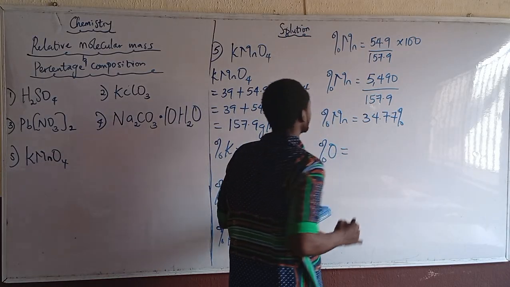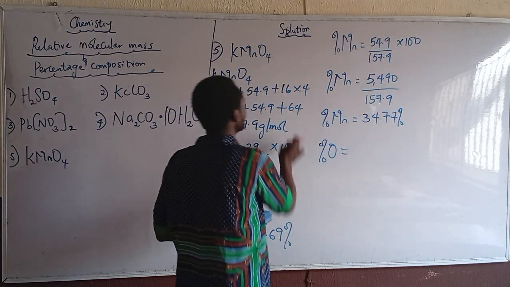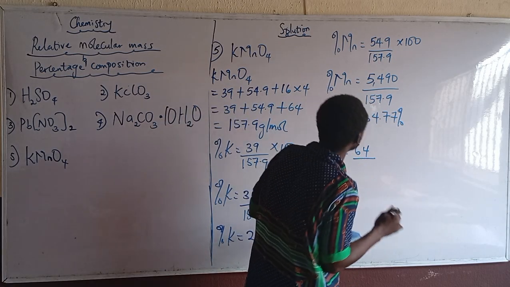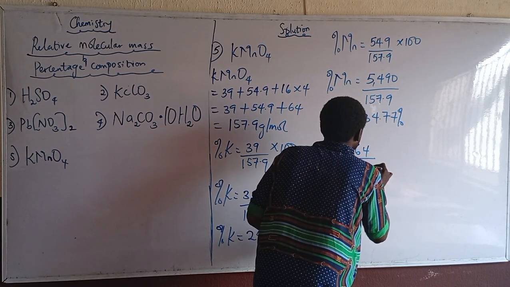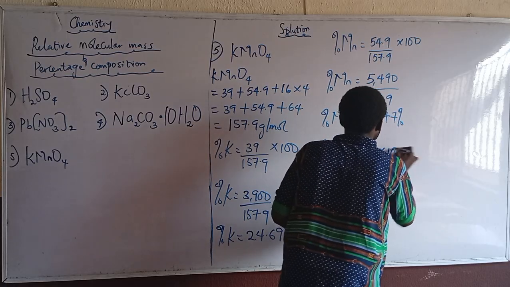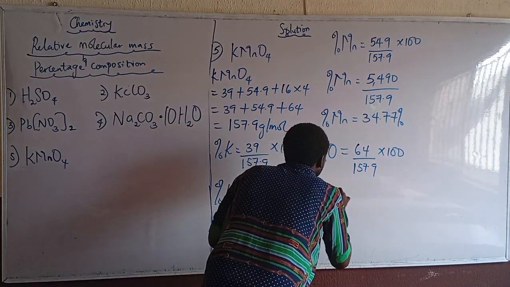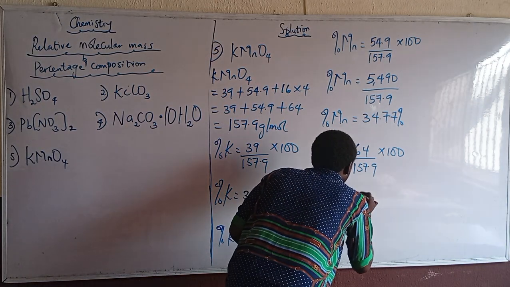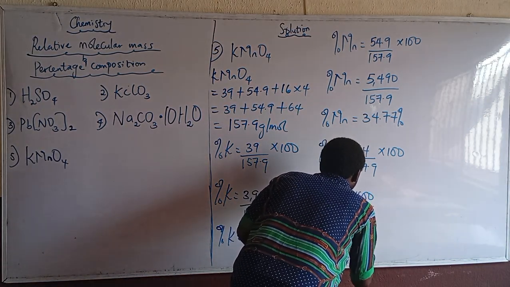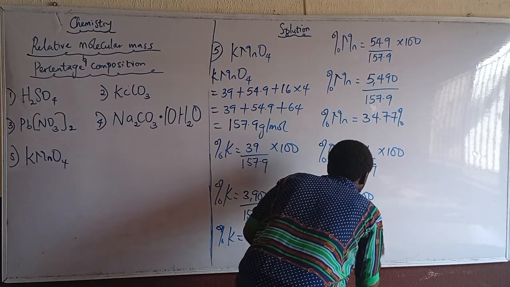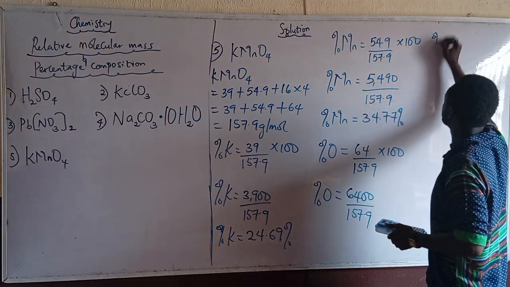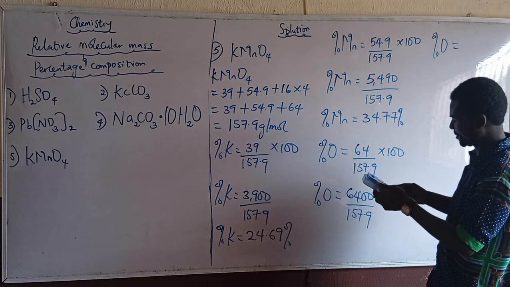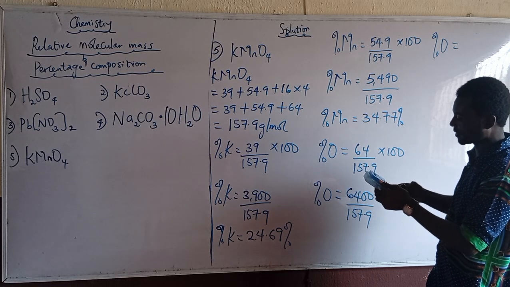So the last one is oxygen. Percentage of oxygen: oxygen is 64 divided by 157.9 multiplied by 100. So 64 multiplied by 100 is 6,400 divided by 157.9.